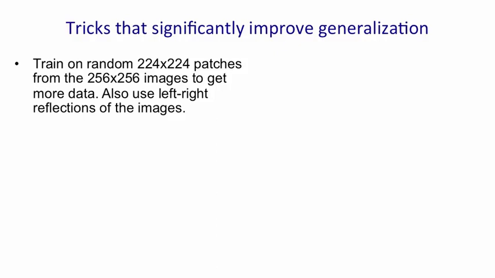Even though they're convolutional nets, that's still a help. He also used left-right reflections of the images, which again doubled the amount of data. He didn't use up-down reflections because gravity is very important. Left-right reflections don't really change what things look like much unless they're things like writing.